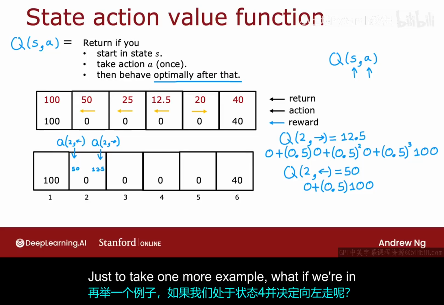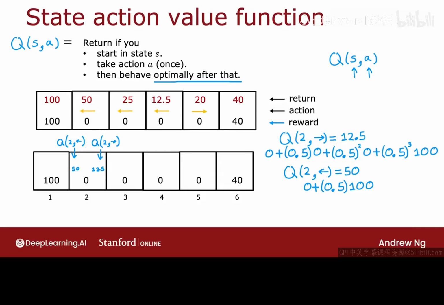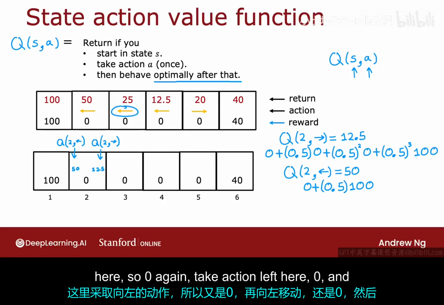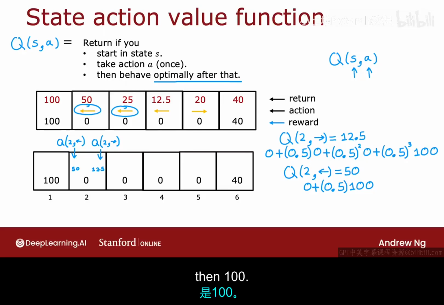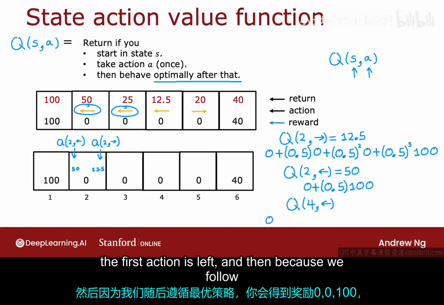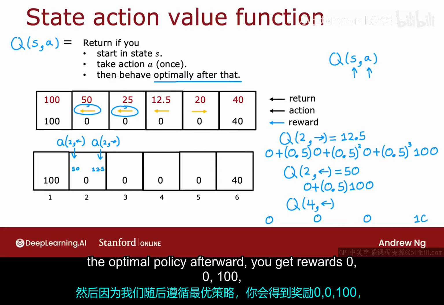Just to take one more example, what if we're in state 4 and we decide to go left? Well, if you're in state 4 and you go left, you get reward 0, and then you take action left here, so 0 again, take action left here, 0, and then 100. So Q of 4, left results in rewards 0 because the first action is left, and then because we follow the optimal policy afterward, you get rewards 0, 0, 100.